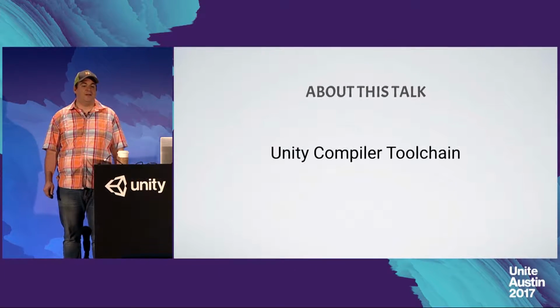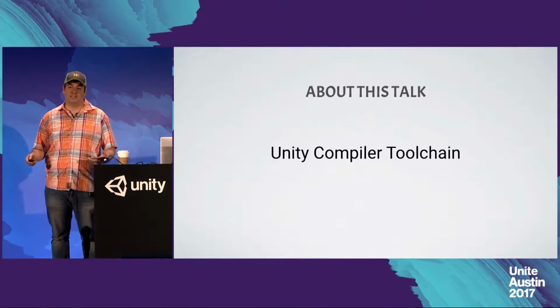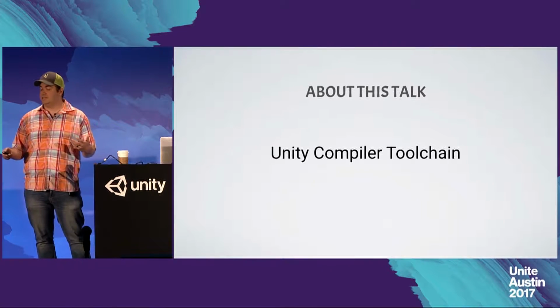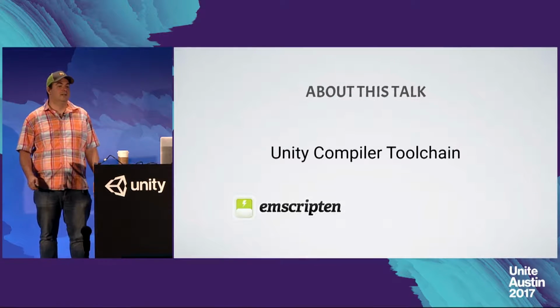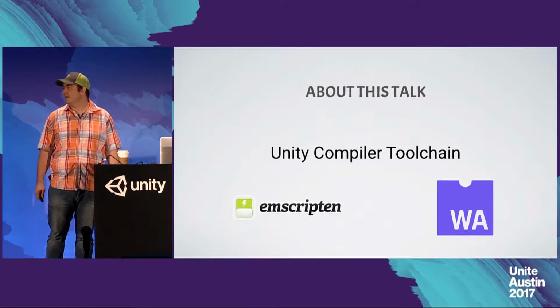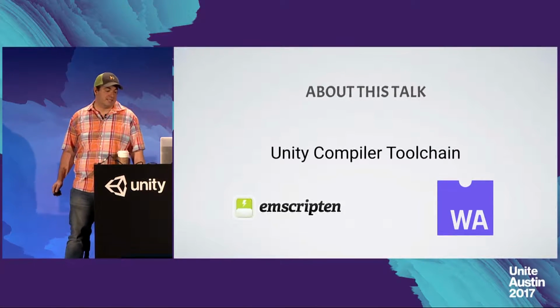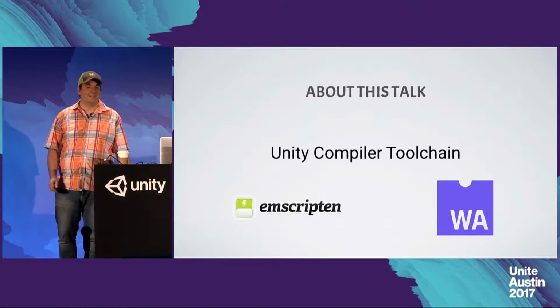We'll talk about the Unity compiler toolchain, and this is how this actually works under the covers. So as far as most people are concerned, you just click the button and it works, but there's a bunch of other technologies here that are working in unison to make this thing happen. Emscripten, asm.js, and/or WebAssembly. WebAssembly is really cool. I'll get to that pretty soon.